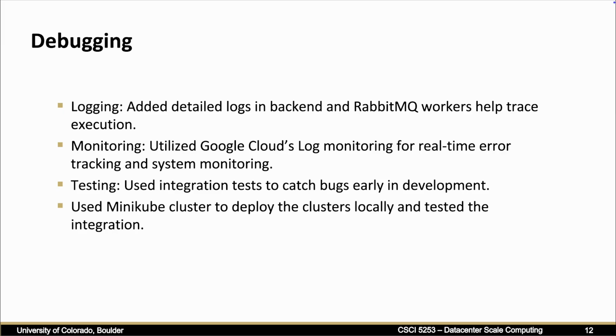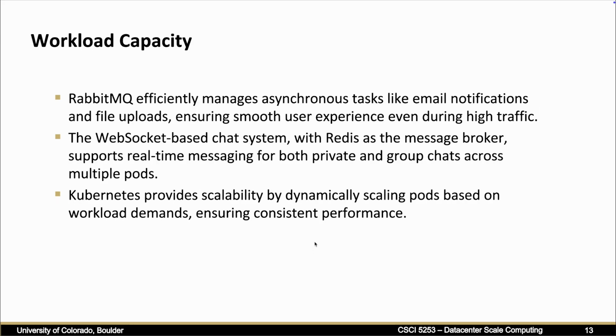We also have Google Cloud's log monitoring, which gives information on the container logs after it's deployed on GKE. To deploy and test the containers locally, we use a Minikube cluster, and we also performed integration testing between the front end and the back end using Postman and also using other databases.